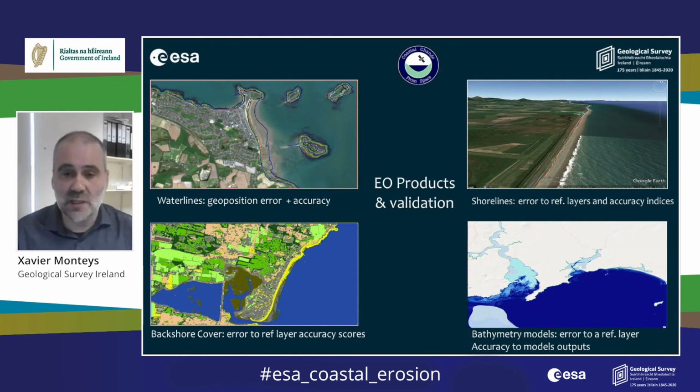While in the backshore classification, we are looking at the errors linked to the categorical classes from reference layers, and the internal quality indicators, like the confusion matrices. Finally, the bathymetry models are validated against reference layers, but also against other model outputs, such as the empirical models.